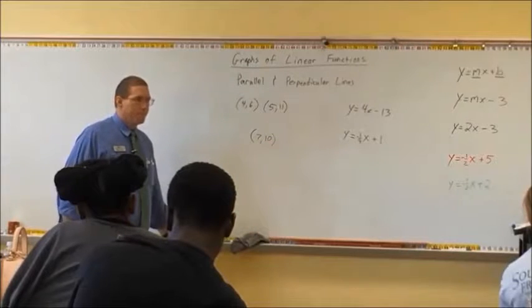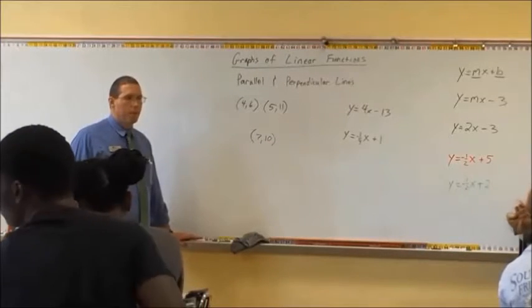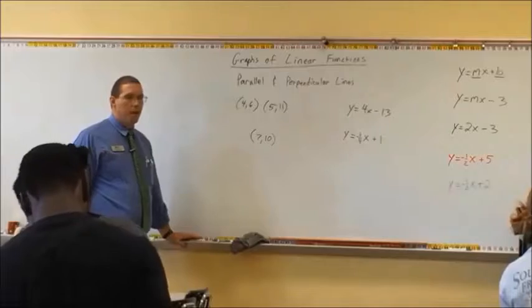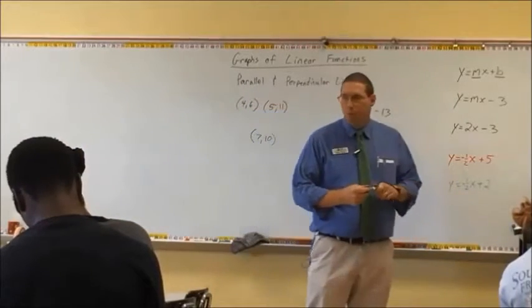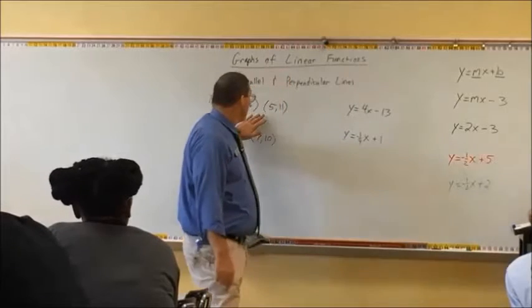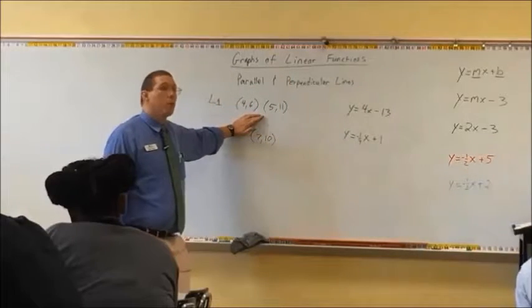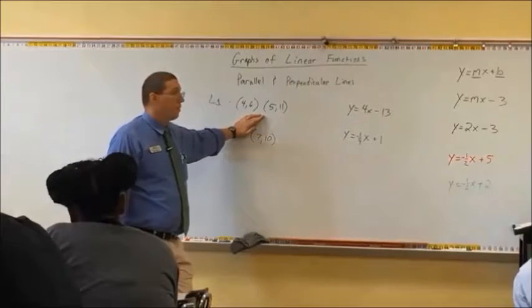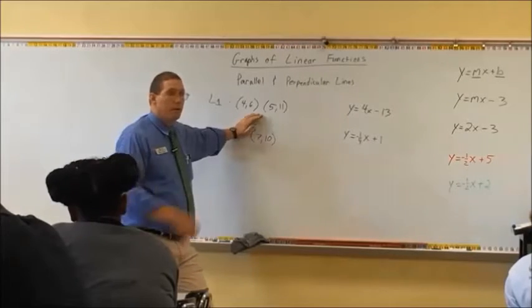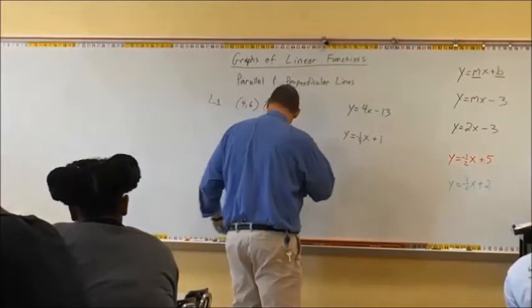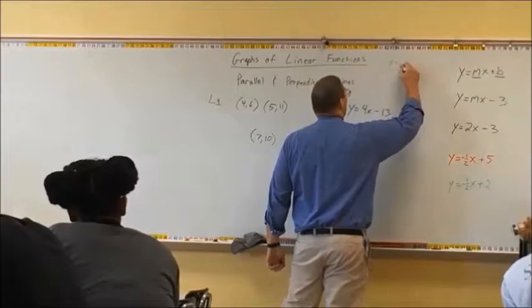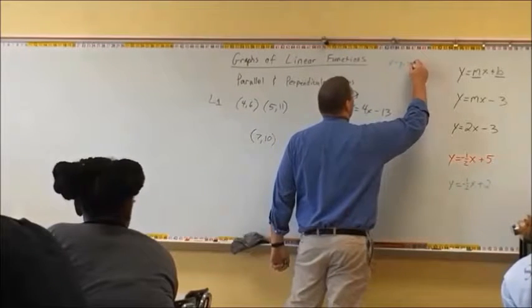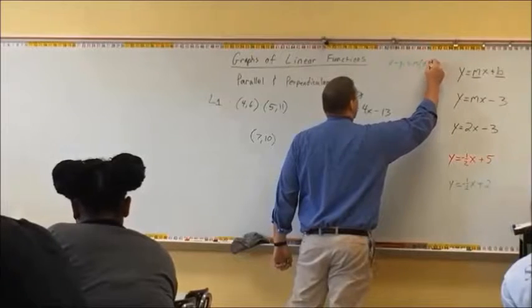Try that. Start out with the first step. You're doing your 1, 2, 3 step. You're going to identify the slope, then put it in point-slope form. Remember how to put it in point-slope form? Let me write that down again. The point-slope form is y minus y1, where y1 is a number, equals m times x minus x1.